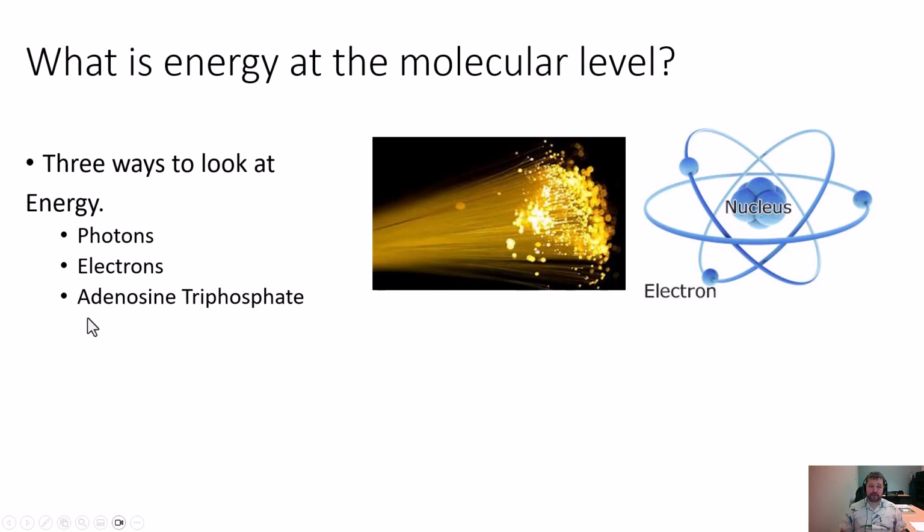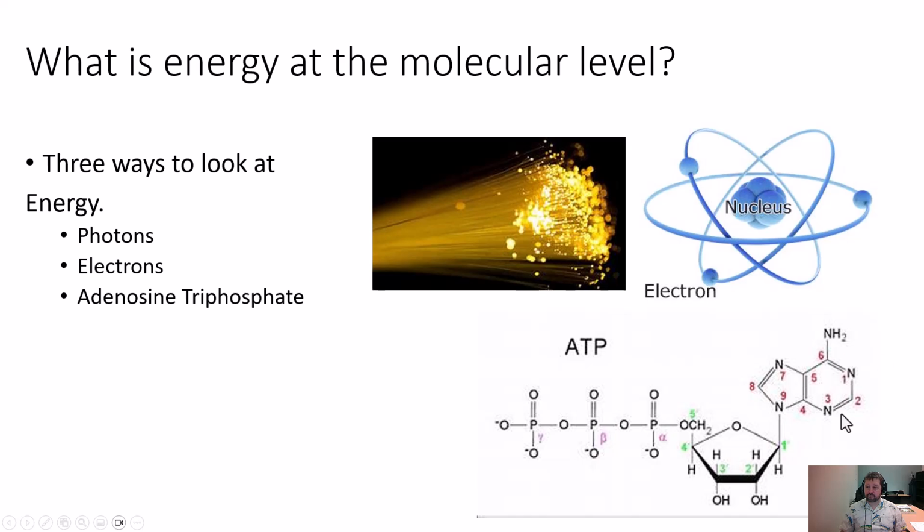And that is adenosine triphosphate, or what we call ATP. It looks like this large molecule. Remember, molecules are just atoms bound together. So you have nitrogen bound to carbon, oxygen, hydrogen, phosphates, and all kinds of things bound together here.